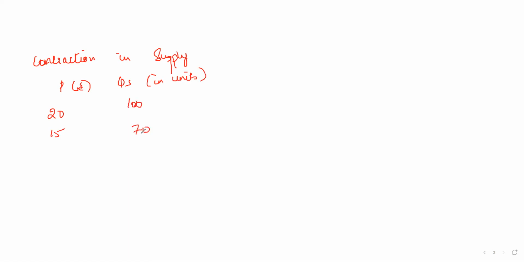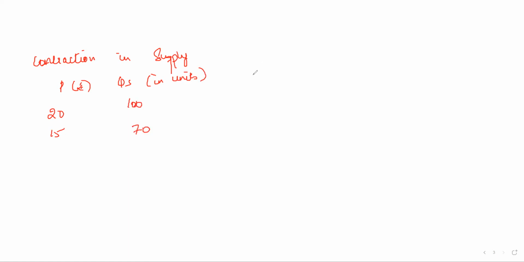Now let us go to contraction in supply. I'm quickly taking one schedule for this. Let us take price, same 20, and 15. And QS, in units, 100 and 70.